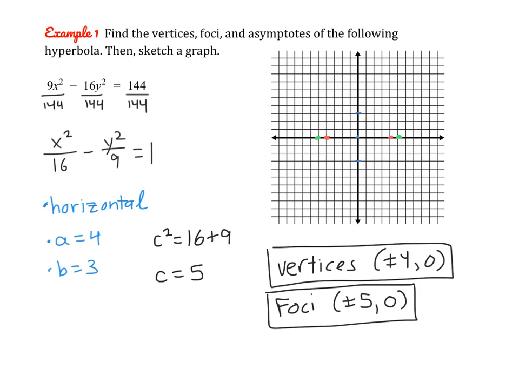And then we already went 4 units to the right and 4 units to the left. So you can kind of turn that into your little guideline. Again, you should do it with a dotted line. And this is where our asymptotes are going to go through. So they're going to go straight through like this.